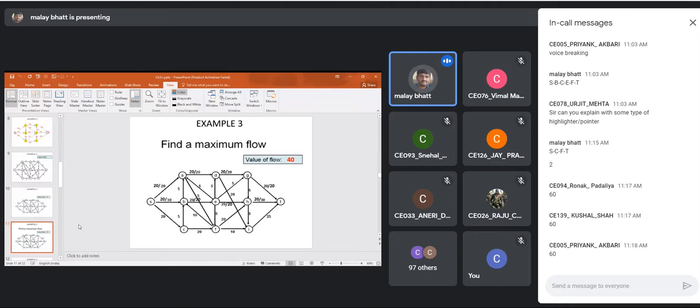So we are getting the value as 20, the minimum of all four. So that is 20 as the new flow value. So 20 plus 20, total flow value will be 40.